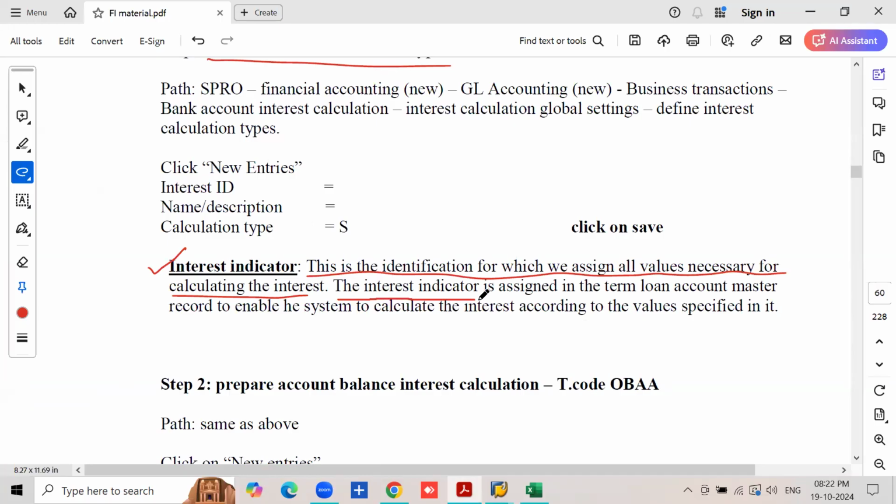Later on, the interest indicator is assigned in the term loan account master record to enable the system to calculate the interest according to the values specified in it.